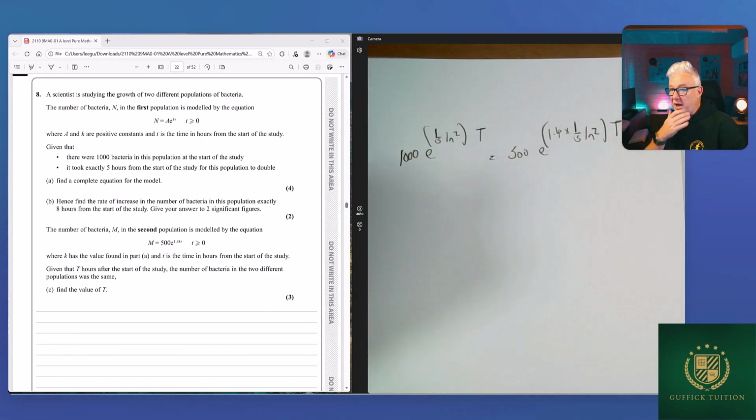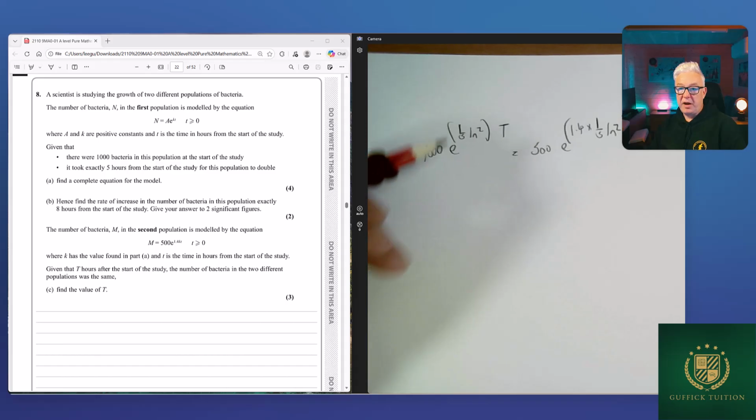Remember, it says the value of k is the same in both of the equations, and here we have 1.4 times k. So that looks pretty good. Let's now divide both sides by 500.